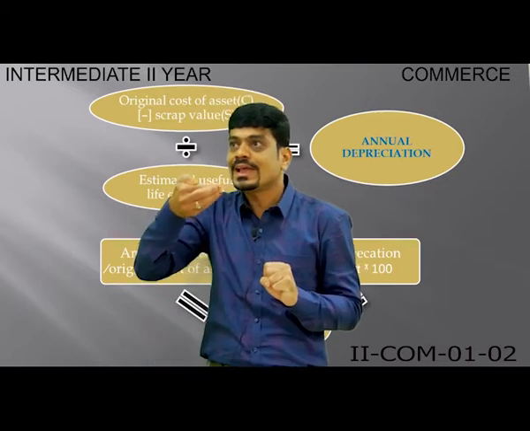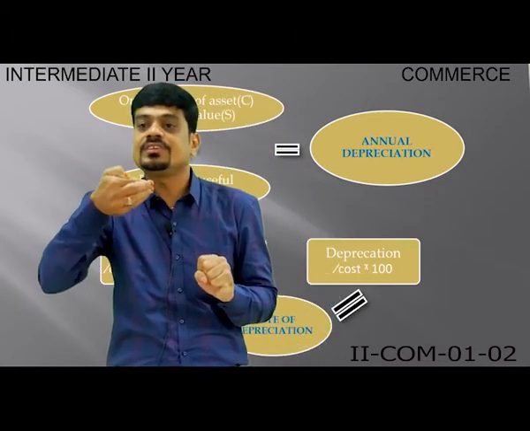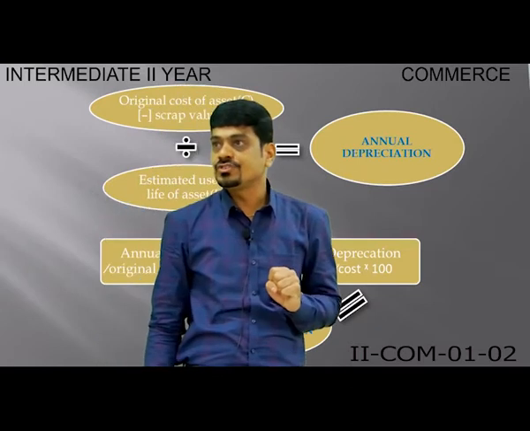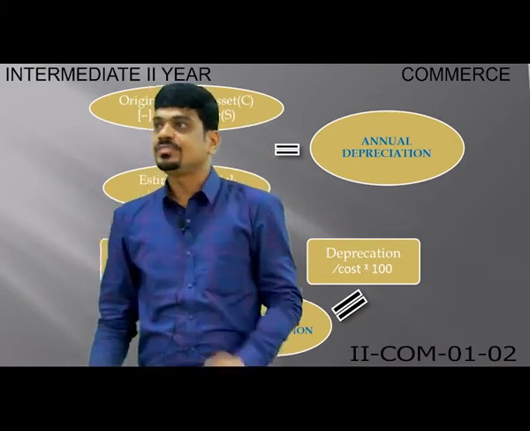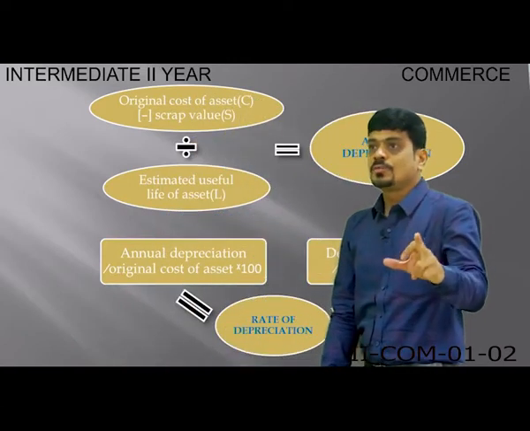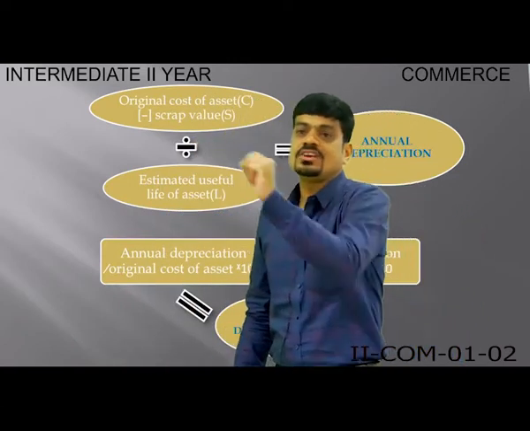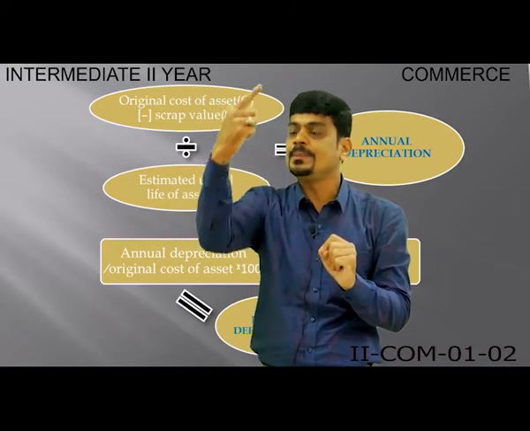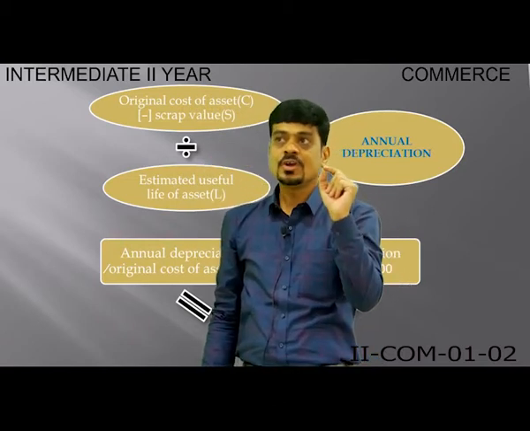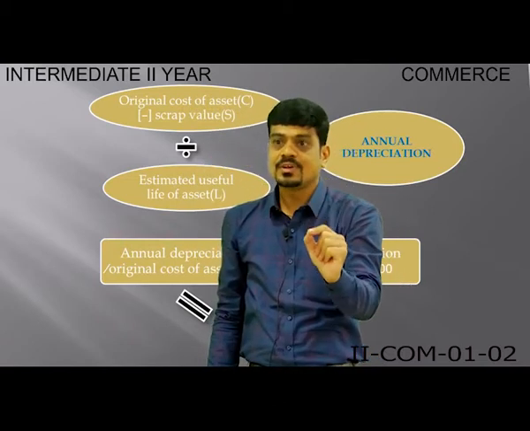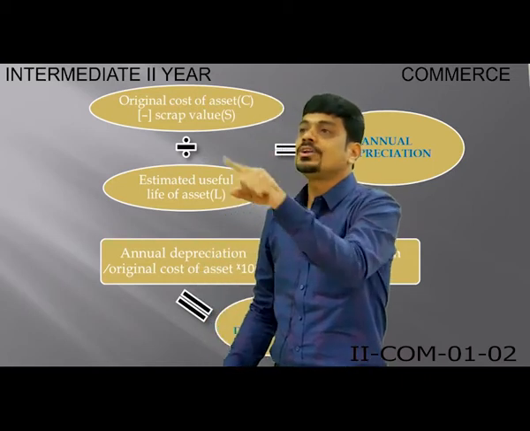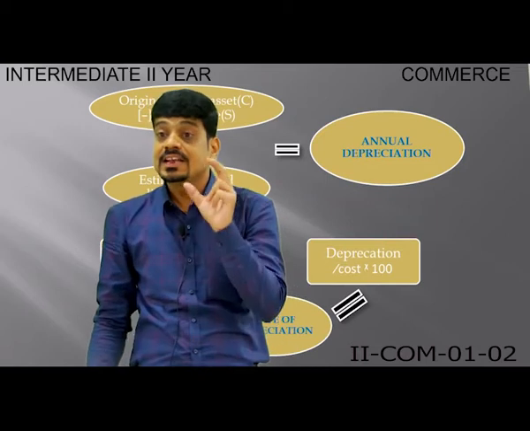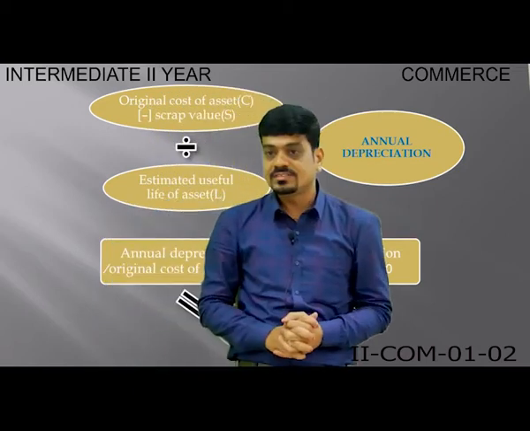Now we are going to calculate in relative terms, that is, in terms of percentage. How to calculate the percentage of depreciation? The annual depreciation we calculated with the help of cost minus scrap divided by life, when divided by the original cost, gives the rate of depreciation, the relative term we call percentage.